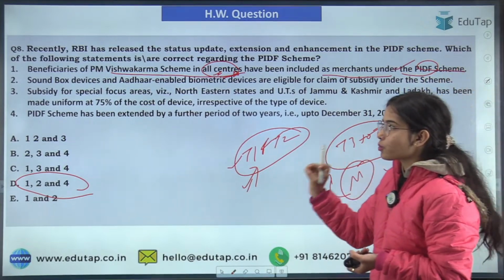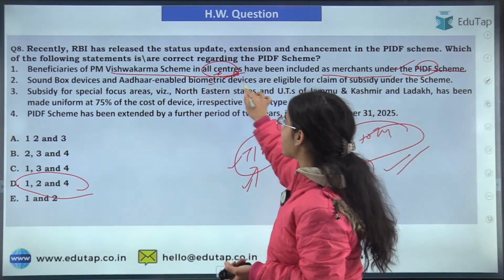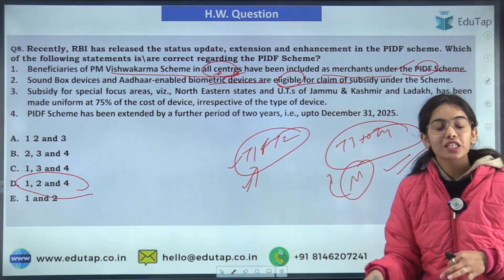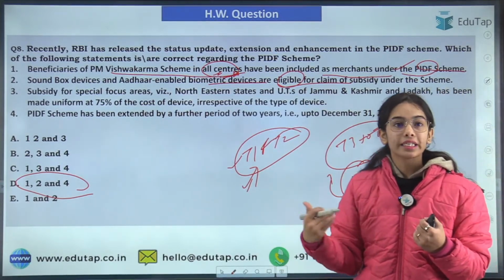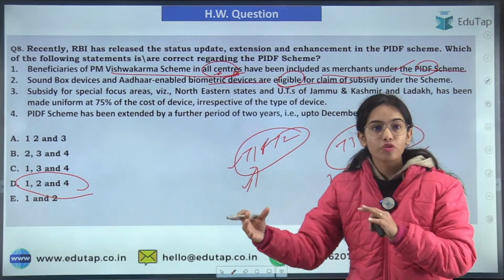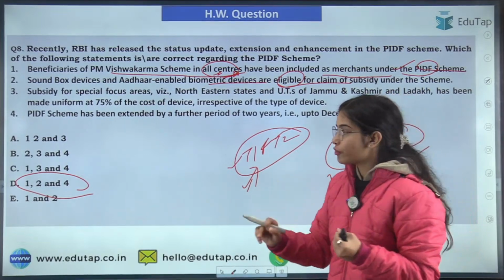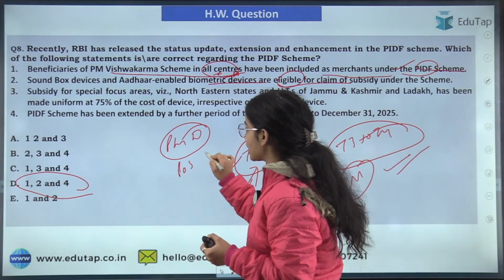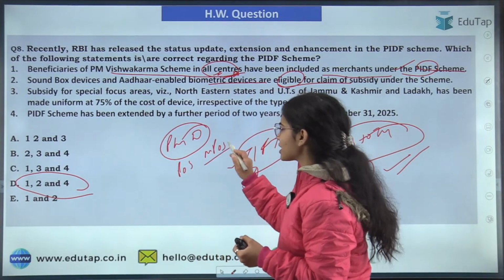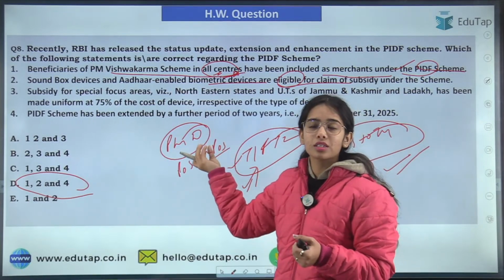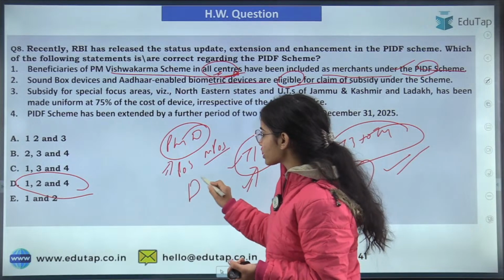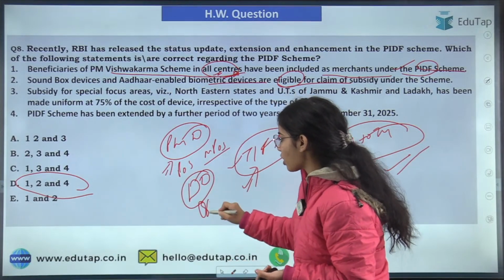Correct. Soundbox devices and Aadhaar enabled biometric devices are eligible for claim of the subsidy under the PIDF scheme. They have been added as contemporary instruments. Before, there were physical devices, that is the POS machines, MPOS and so on, and a digital device, that was the QR code.